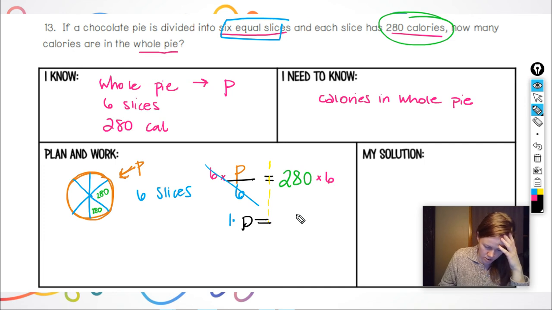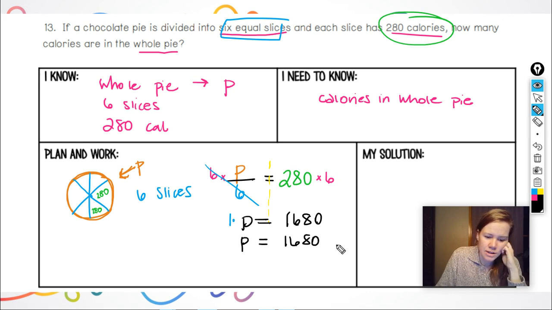Could be way off. No, I was right. Oh, snap. 1680. Okay. So P equals 1680. So remember, P represents the total amount of calories. So there's 1,680 calories in the pie. Boom.